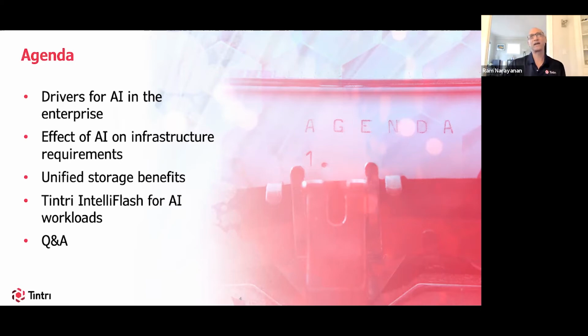And then we'll take a dive into the technologies. We'll look at Tintri IntelliFlash, and we'll also look at some of the technologies on the DDN side of the house with our A3i product line. We'll talk about how both IntelliFlash and DDN technologies can be used to support and enhance AI environments. And then finally, as I mentioned, we'll have an opportunity for Q&A at the end of the session.